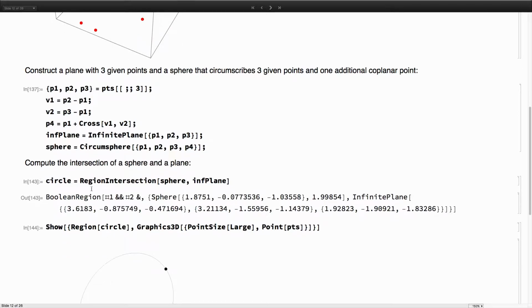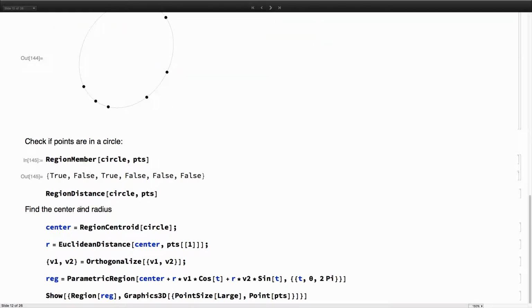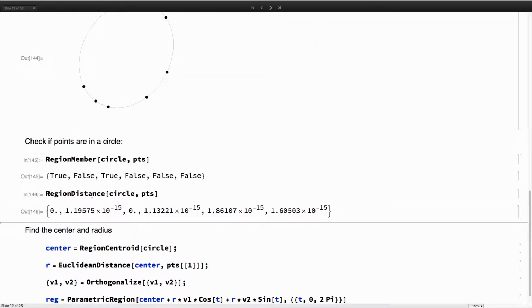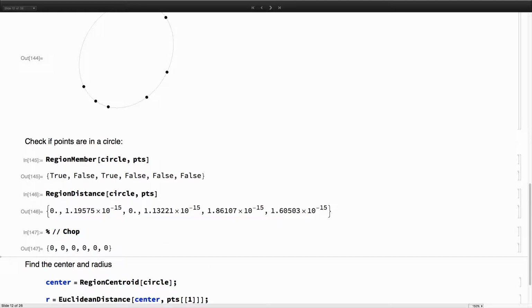Those things are not easy. But in this case, if you see the distance between the circle we created and the point, you see it's almost 0. So in this case, you see this point is indeed, at least, almost on the circle.